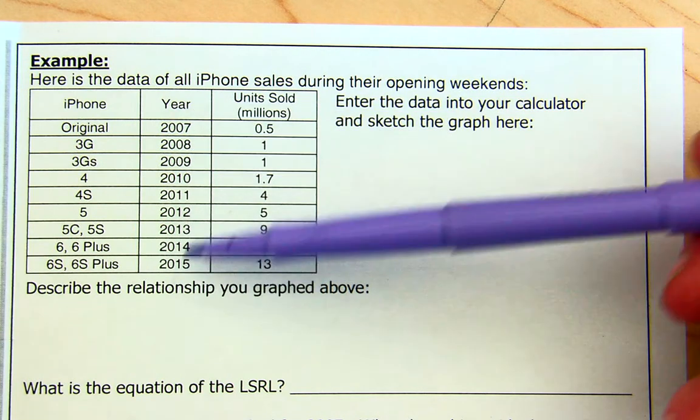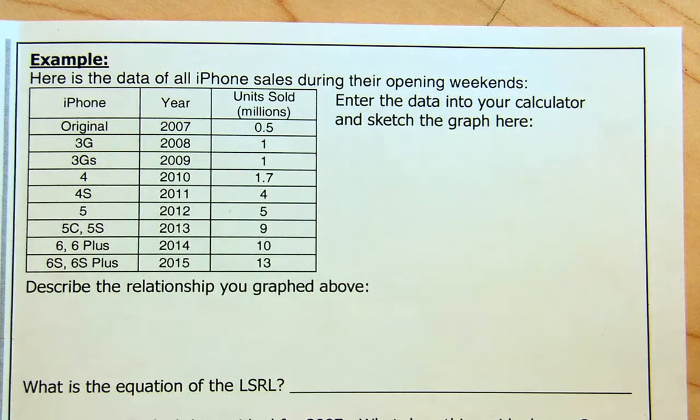So the year will go in L1 and the units sold will be L2. So go ahead and enter that.